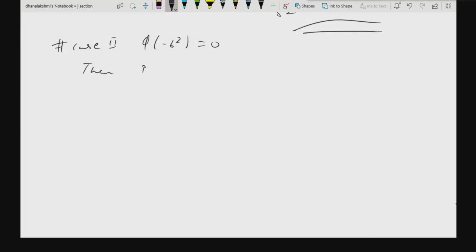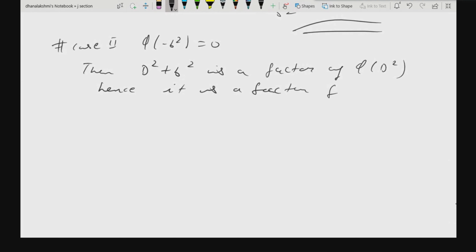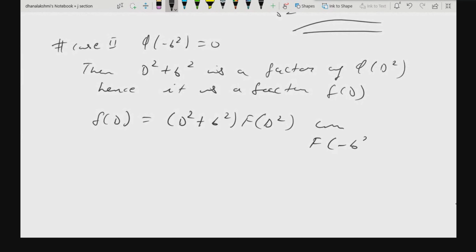Then D square plus b square is a factor of phi of D square, and hence it is a factor of f of D also. So if your f of D is written something like D square plus b square, times some remaining function in terms of D square, where f of minus b square is not equal to 0.